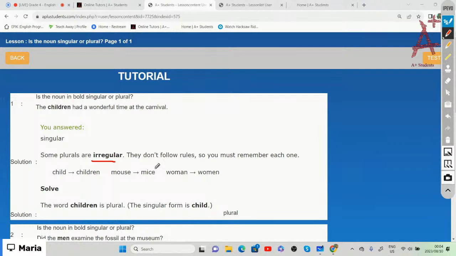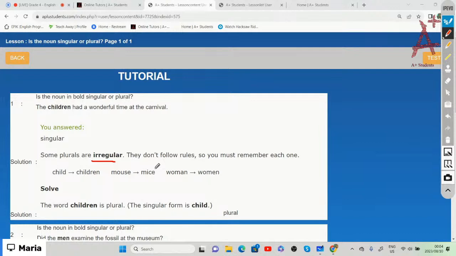So, if they don't follow rules, then when we talk about the rules, for example, let's say with regular plural nouns, we can say one boy, that is singular, and the plural is boys, where we just added an S. One church, that ends in a CH, and then the rule is that we need to add ES.